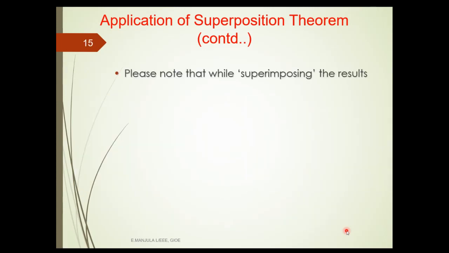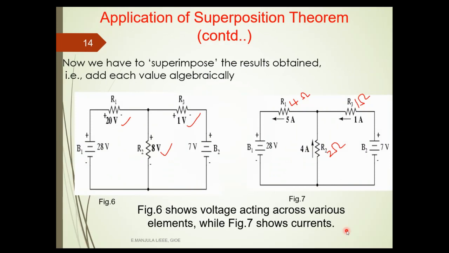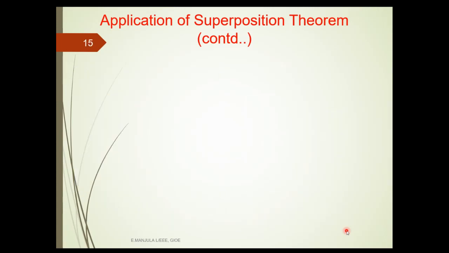Okay. So this is how we have to apply the superposition theorem to any network. Even if there are three EMF sources, or many, two or more, we can apply the same process. So we have to calculate one by one, superimpose, and we can get the final value.